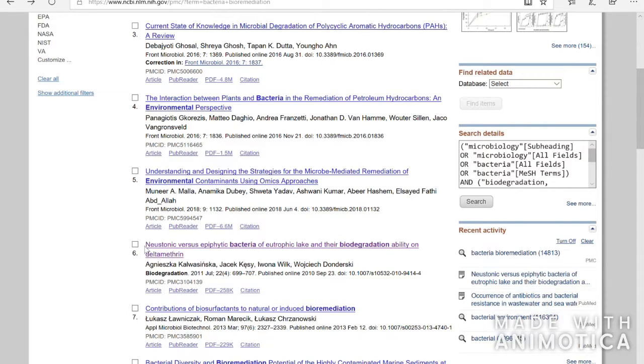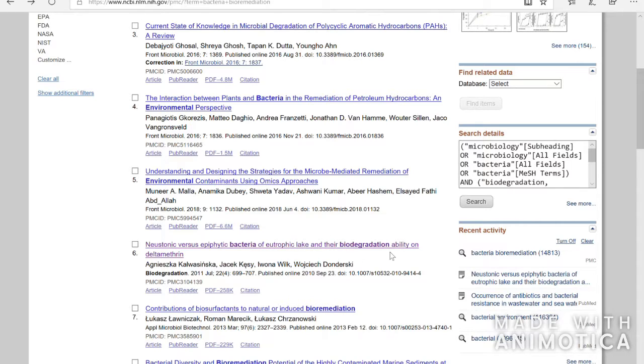You don't really need to know these terms. All you need to know is you've got two types of bacteria, Neustonic versus epiphytic. I don't know what that means, but there are two types of bacteria on a eutrophic lake. So this lake is affected in some way. I know what eutrophic means, but for those of us that are just really new at this, just understand that the lake is affected in some way.